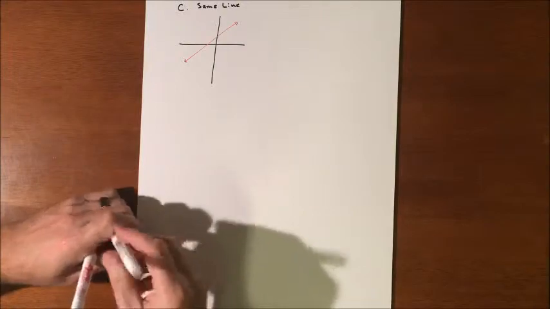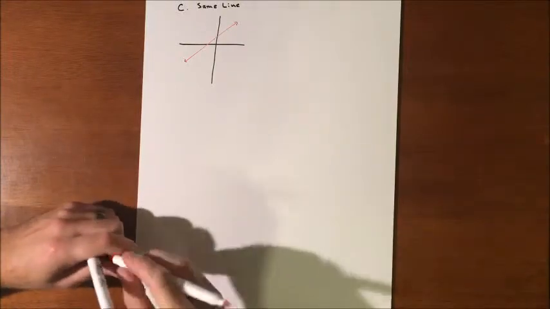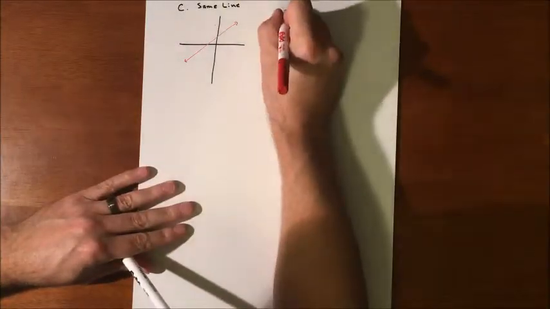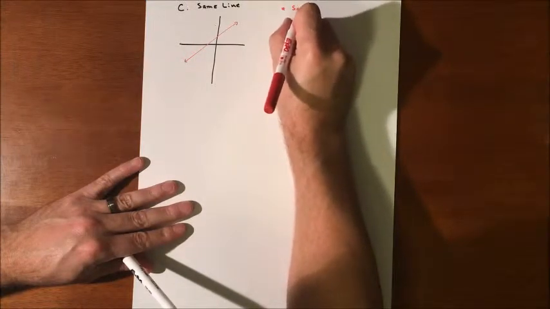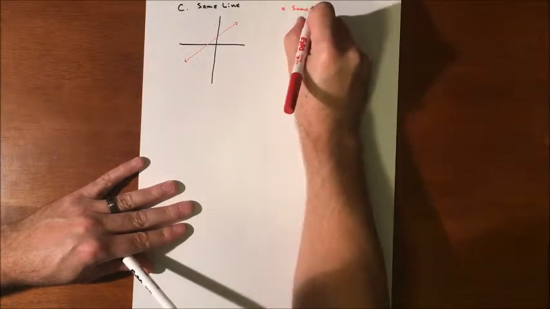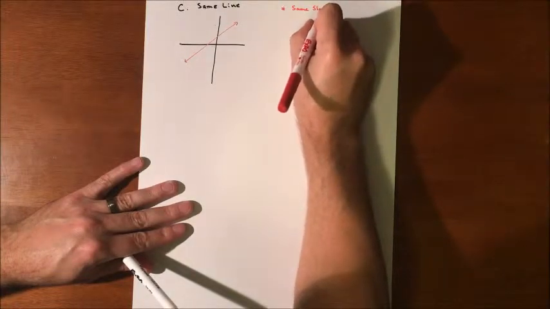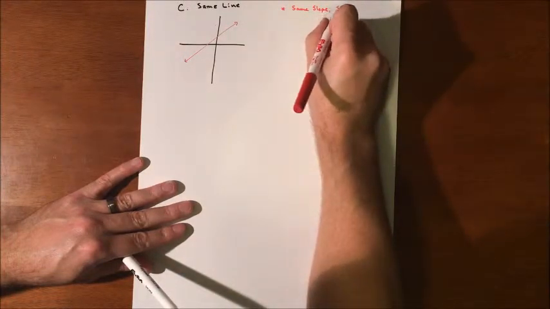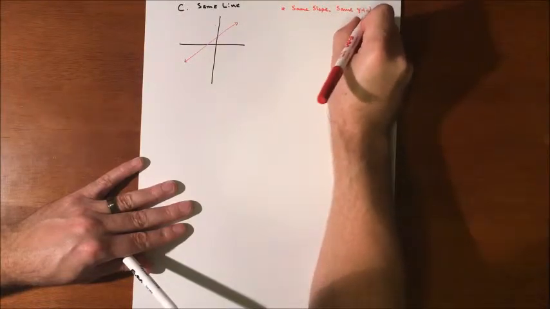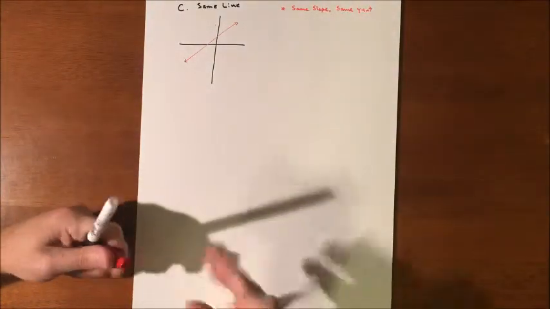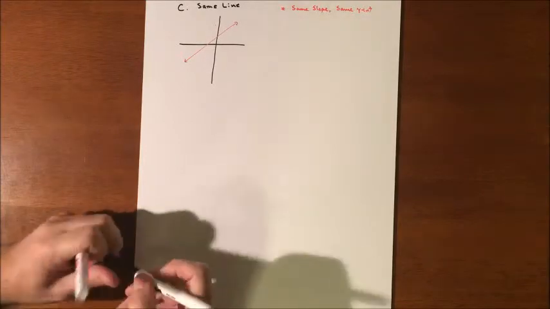But you begin with two equations, you get it ready to graph, and you end up having the same line. So, a little side note, in order for it to be the same line, you're going to have the same slope and the same y-intercept. All right, so that's the situation that's occurring.